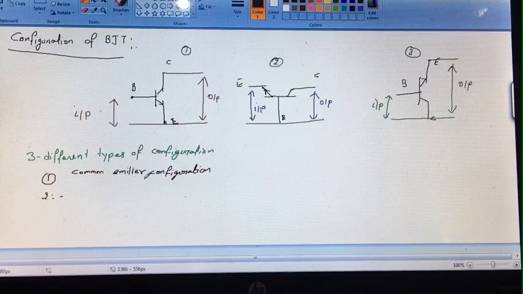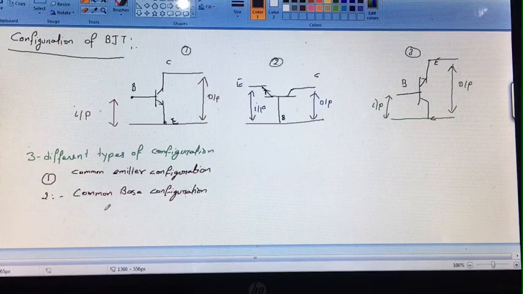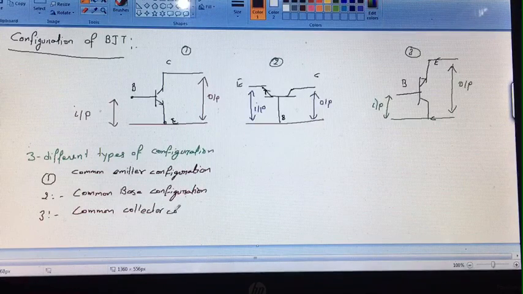So it is known as common base configuration, and here collector is common between input and output, so that's why the third configuration is known as common collector configuration.